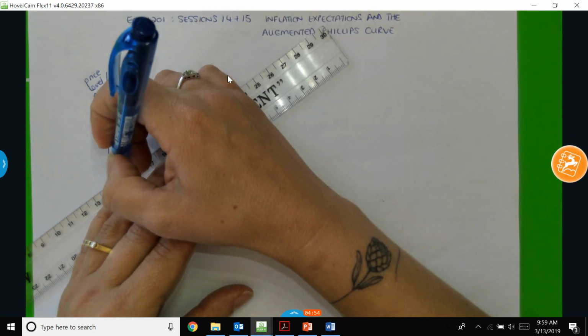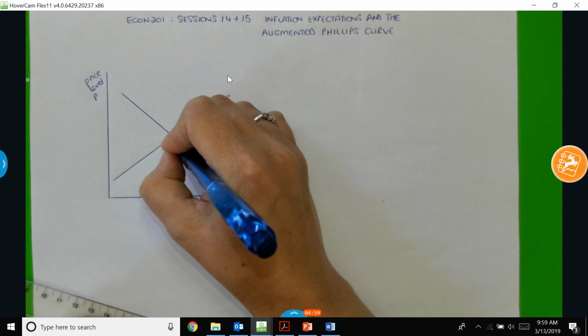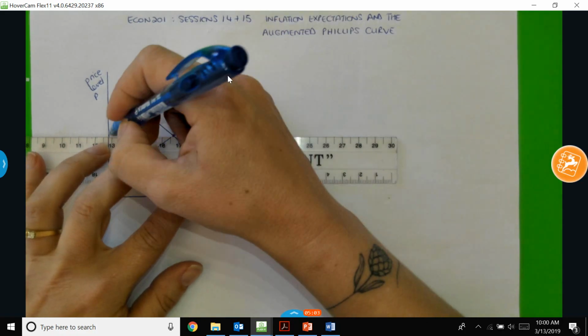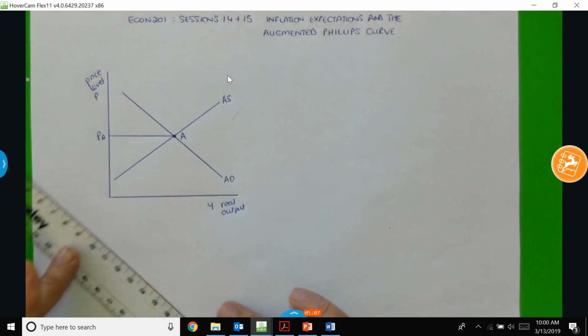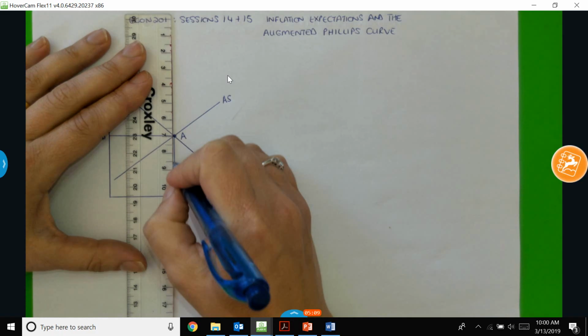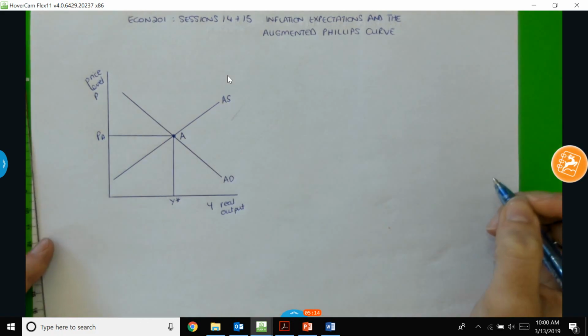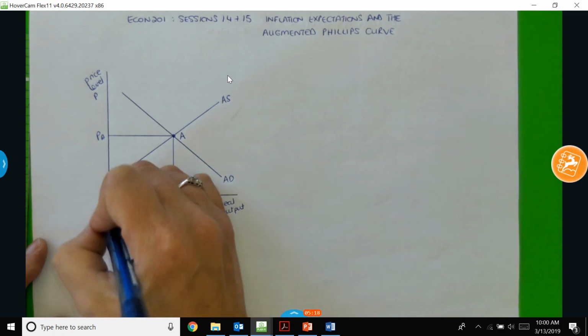I'm drawing in a positively sloped aggregate supply curve, and I am showing the equilibrium at point A, and specifically marking off the price level, which will be PA in equilibrium, as well as the equilibrium level of output, which, like before, I'm going to use the full employment level of output as my equilibrium output.